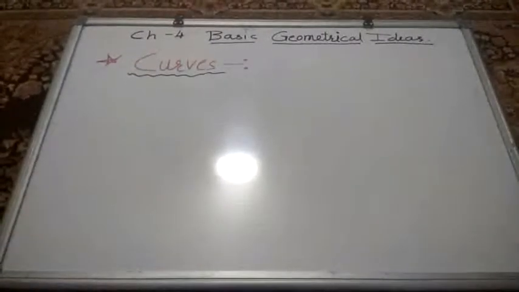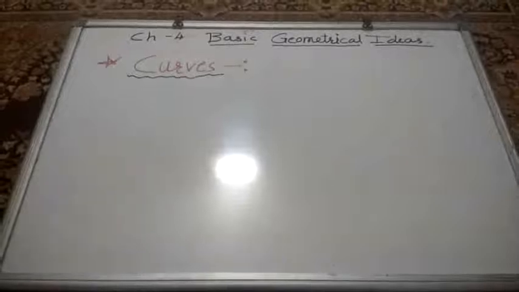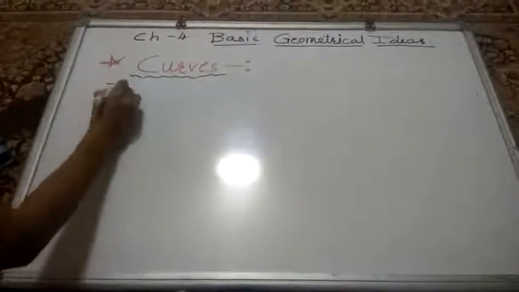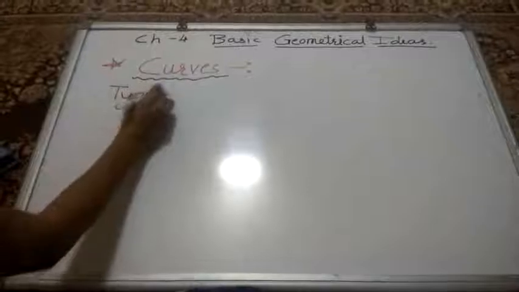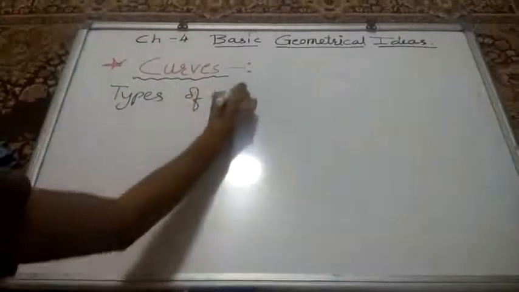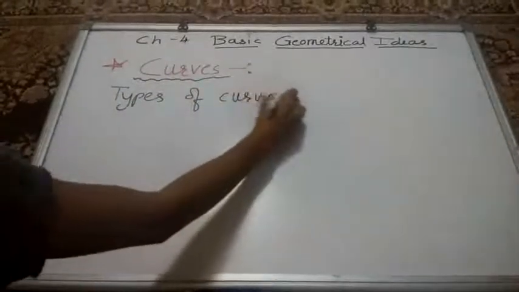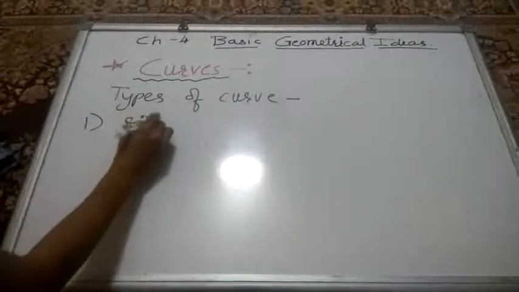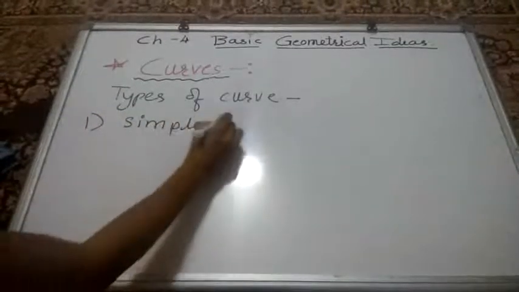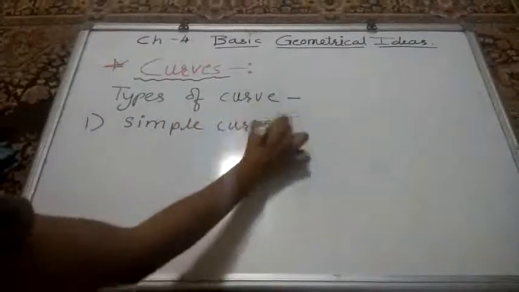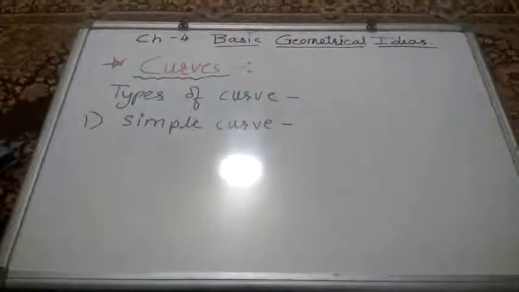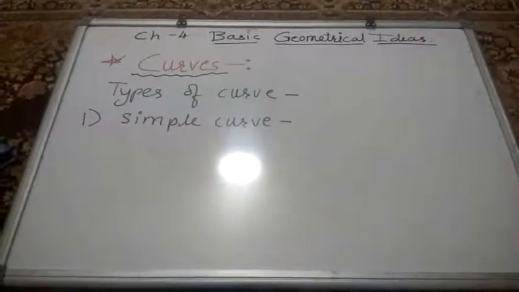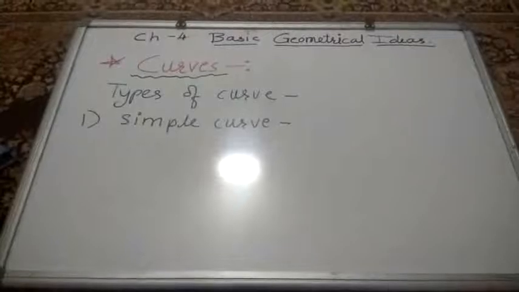Let's see what a simple curve is. First is simple curve. If the curve does not cross itself, it is known as a simple curve.